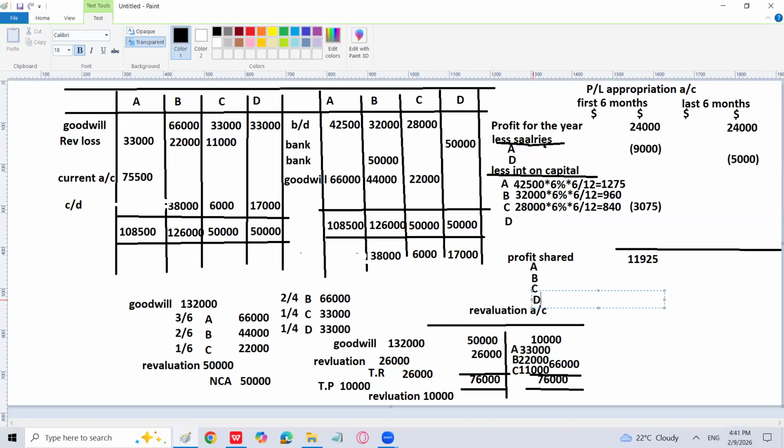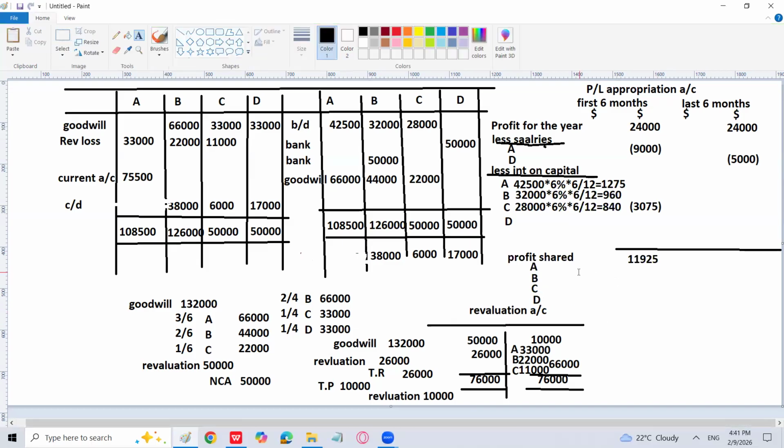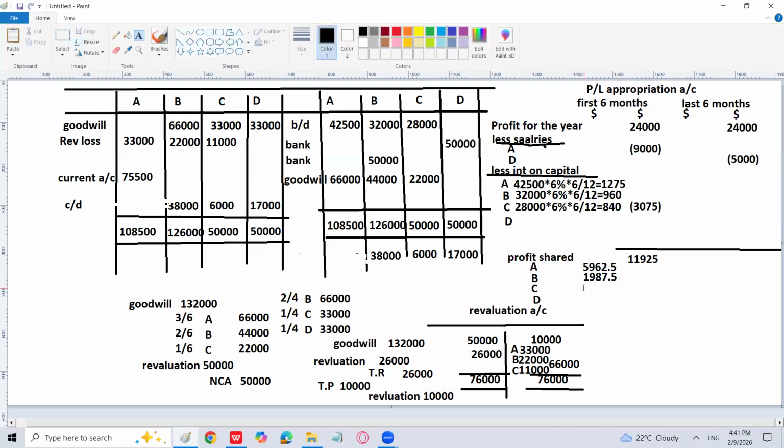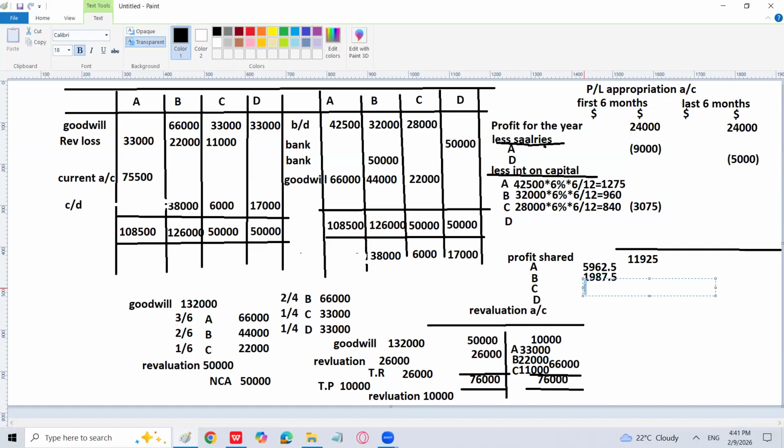What is the amount? 11,925 into 3/6, 5962.5, right? Next for B, 11,925 into 2/6, 1987.5. Then 11,925 into 1/6, 331.25. And the total will again become 99,925.